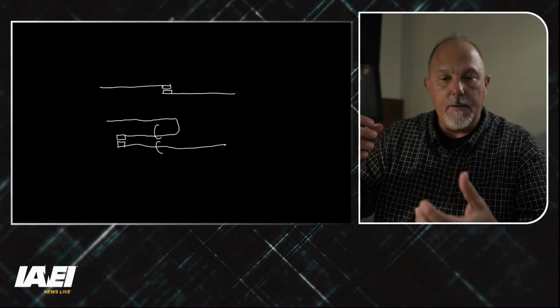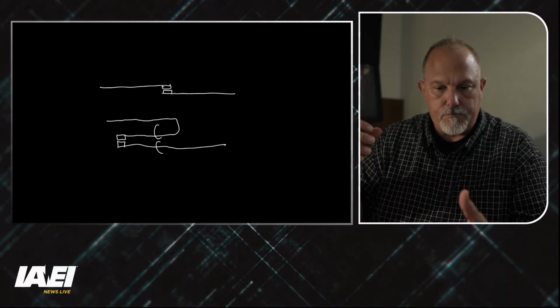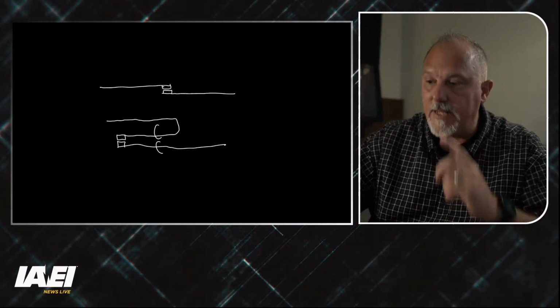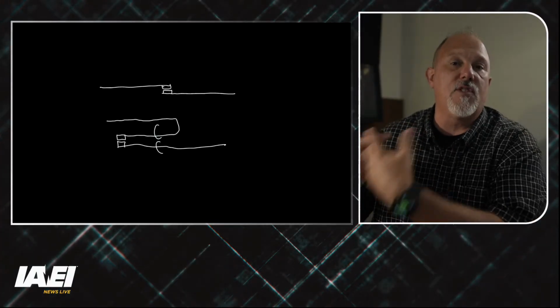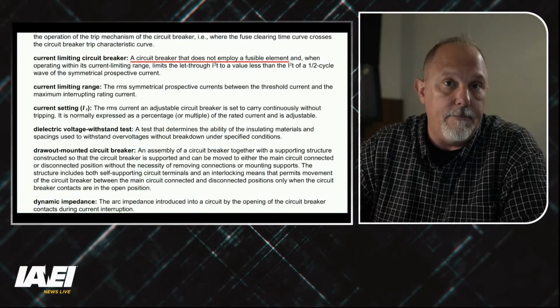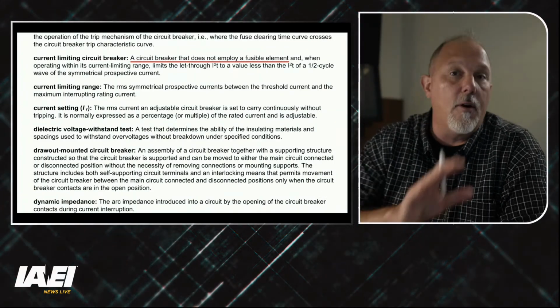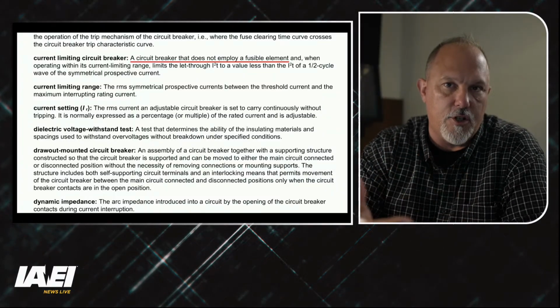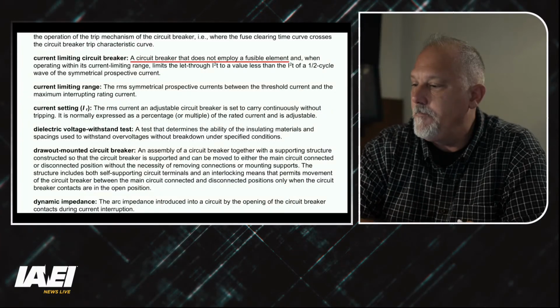You have opposing forces wanting to push those contacts apart, and that's the type of design that you'll see in a molded case circuit breaker that helps it become current limiting in nature. There are other ways to get that done. That's just a really easy way to demonstrate a technique.